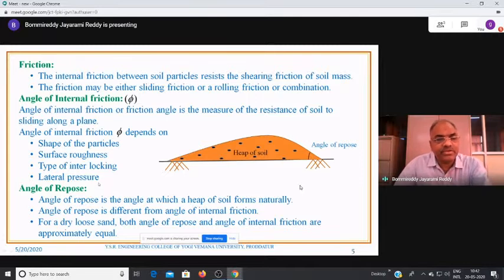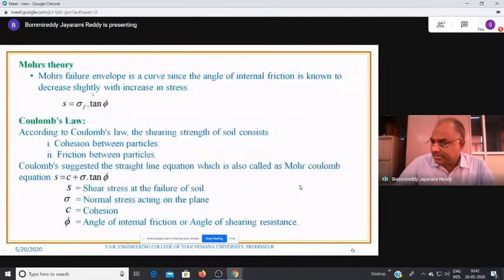And initially, the theory developed was called Mohr's theory, or we can call it Mohr's failure theory. Initially Mohr gave a failure envelope, and it follows S equals sigma f multiplied by tan phi.